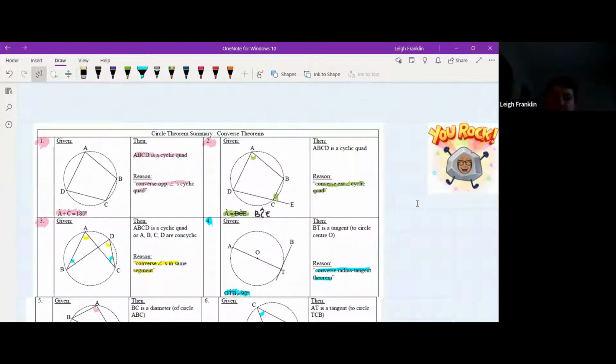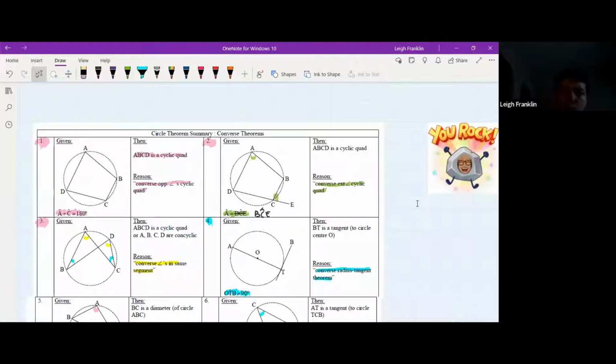The converse says if we have a quad and the opposite angles add up to 180 degrees, then that quad is cyclic. Converse opposite angles of a cyclic quad. Do you see the difference between the two? The one goes this way and the other one is the exact reverse of that. So what we are given and what we are trying to prove are opposites. Does that make a little bit more sense?